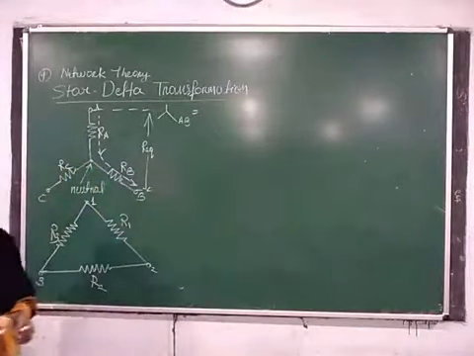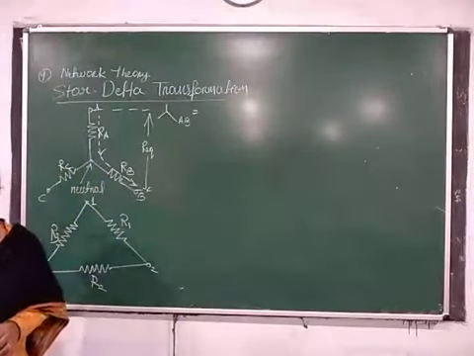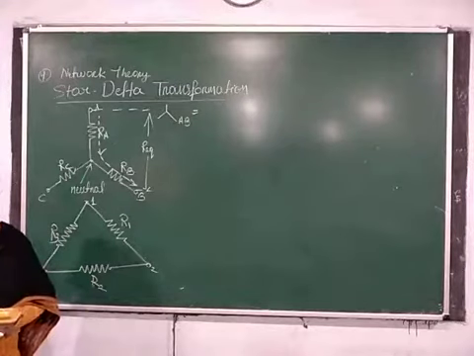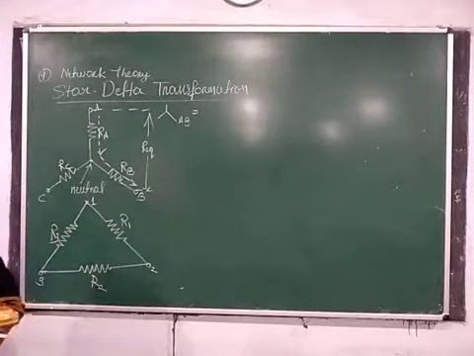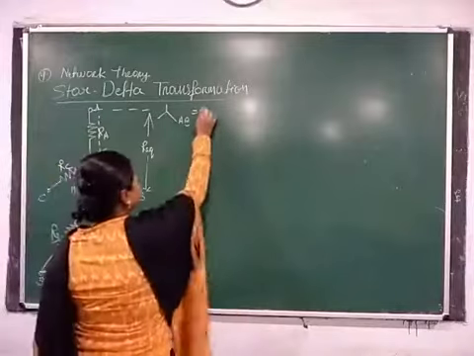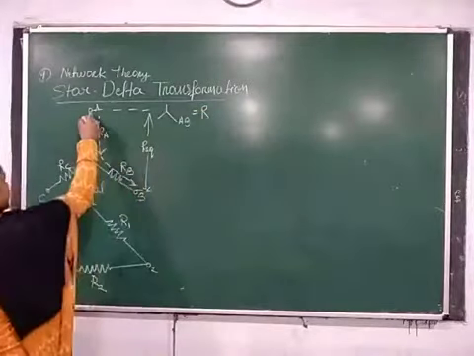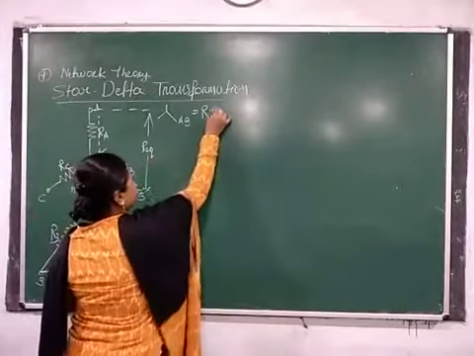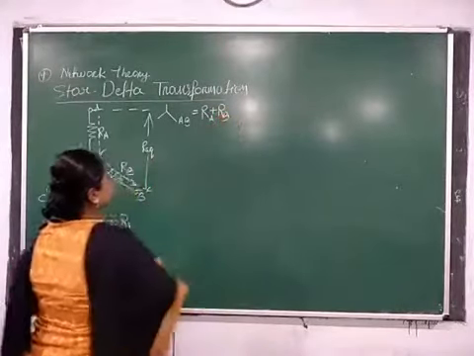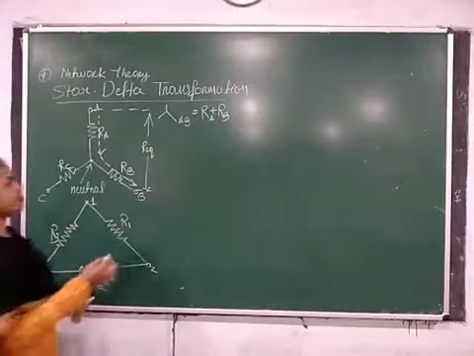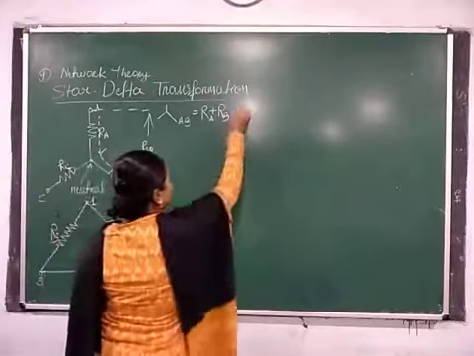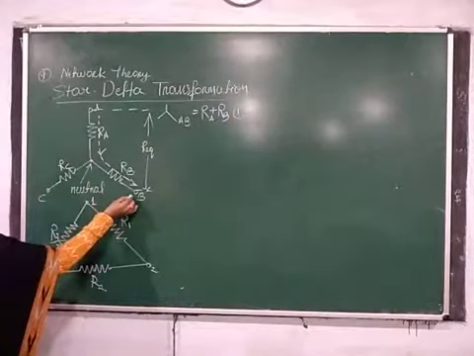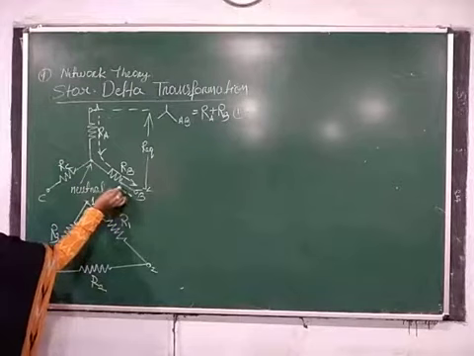You know that if resistances are in series, then their equivalent resistance is the addition of the resistances connected in series. So, the total resistance between terminals A and B is RA plus RB. Take it as equation number 1.